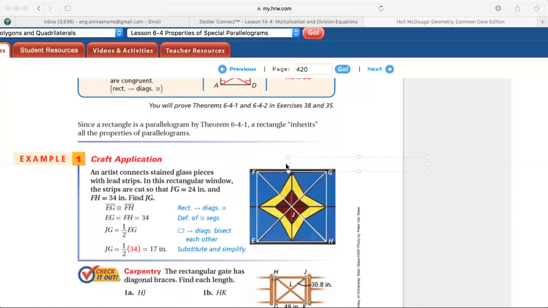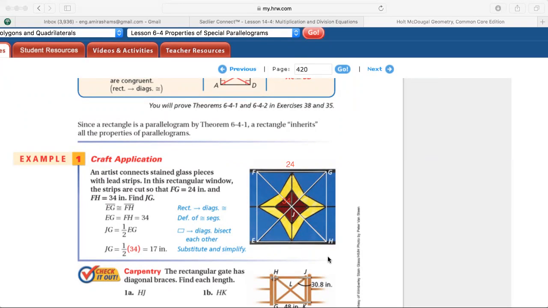Okay, FG is 24 and FH is 34, and they want to get JG, half of the diagonal. Okay, since EG is congruent to FH. Why are they congruent?